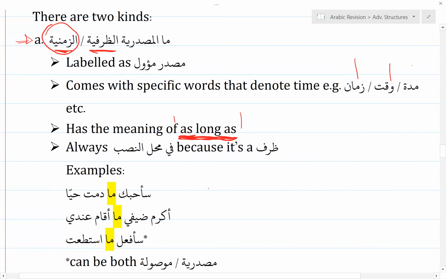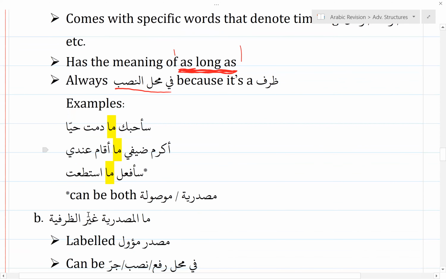And it's always going to be fi mahalli nasab, because together with its fi'l it's a masdar mu'awwal, fi mahalli nasab ala dharf. Not it by itself, because it by itself is a harf, but it with its fi'l together is going to be fi mahalli nasab, right, ala dharf.